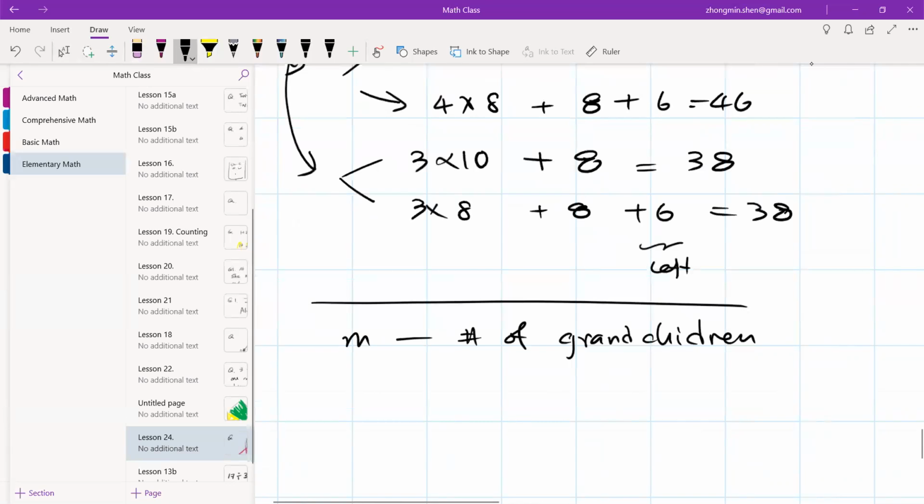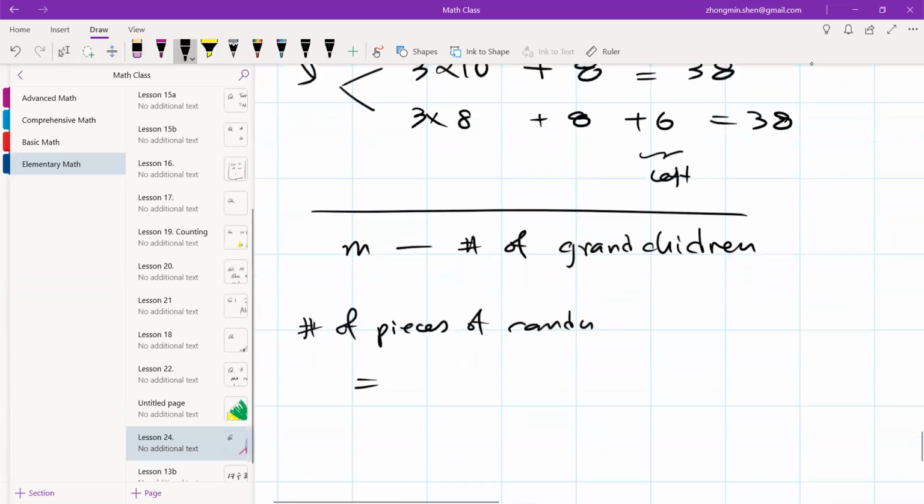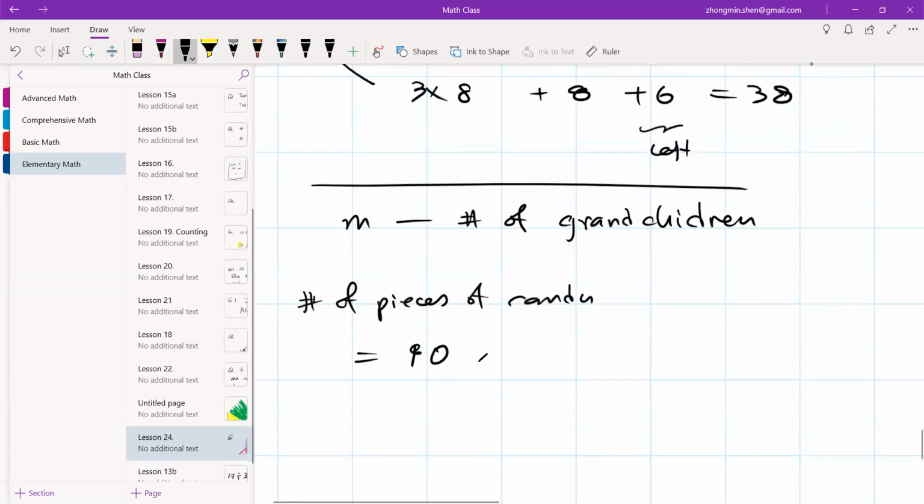The number of the candies you calculate in 2 different ways. You have 10 times (m minus 1), and you have something left, not enough for the last one. But you can also have 8 times m, then you have 6 pieces left.